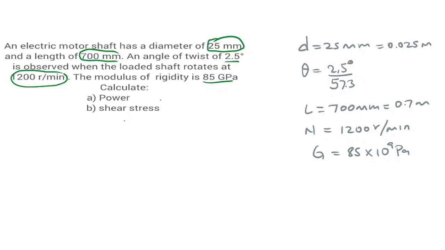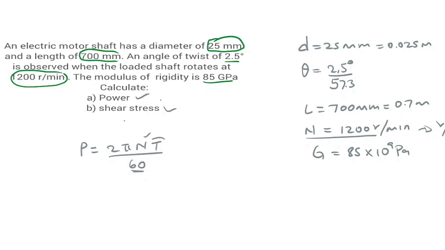Then we have to calculate now the power and the stress. The power formula is P is equal to 2 pi times rotational speed times the torque divided by 60. This 60 is for converting this to revolutions per second. Here we've got the rotational speed.